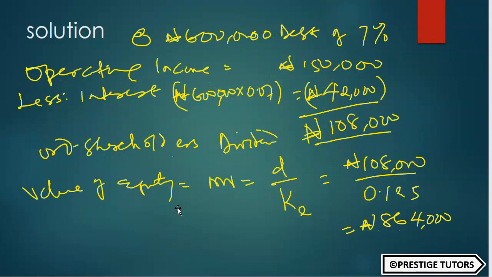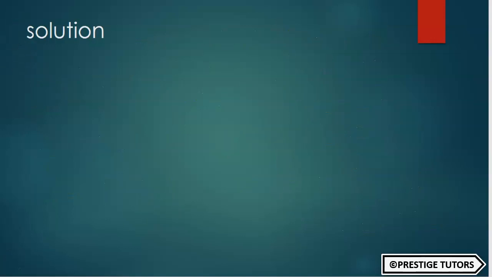But the value of equity has dropped to 864,000 naira. But as these values were dropping, the cost of equity was going up. It went from 10% to 11%, now to 12.5%. What is the effect of this on the value of the firm? Which is what the question says we should calculate.